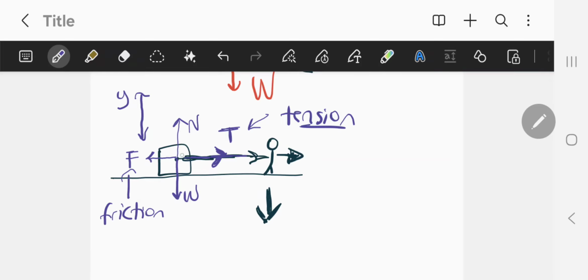If I'm walking to the right, friction will act towards the left. It's going to try to oppose my motion, slows me down. If they're the same size, the box is not going to go anywhere because they'll cancel out. So the tension has to be bigger than the frictional force F.